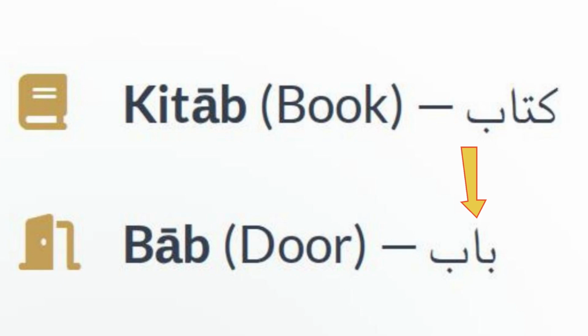Another example we have here, bab. As you see, the letter ba, we put next to it the letter alif, the long vowel alif. So it goes like this: ba, bab.